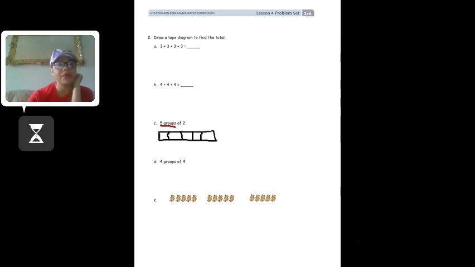And then my sentence statement above says 5 groups of 2. So there's 2 in each one. So I'm gonna grab my red pencil because I know there's 5 groups of 2.